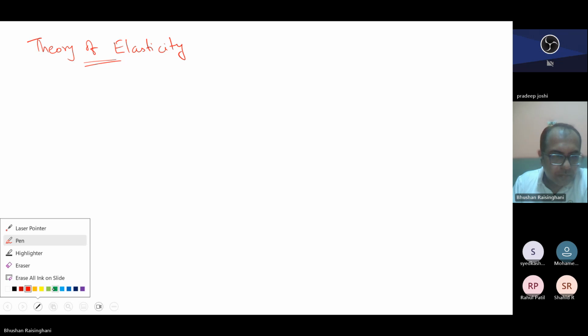So now there is a theory of elasticity which has to be understood, which was basically taught to us in our undergraduate course. In this, there is a 3D element of size dx, dy, and dz.